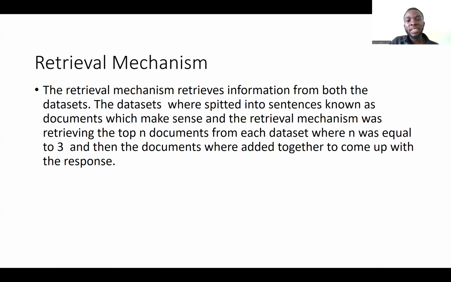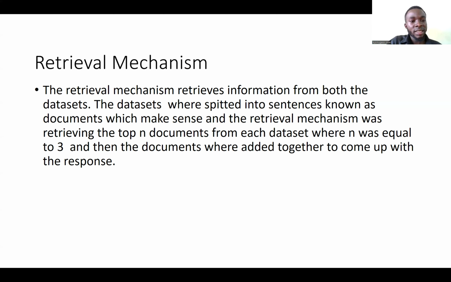So for the retrieval mechanism, as I explained, the retrieval mechanism is going to be retrieving information from both the data sets, both the Excel sheet database and the text document database. So it retrieves the top documents, because before this data was stored, it was turned into different sentences that make meaning.